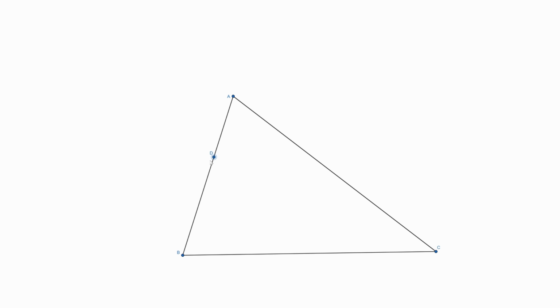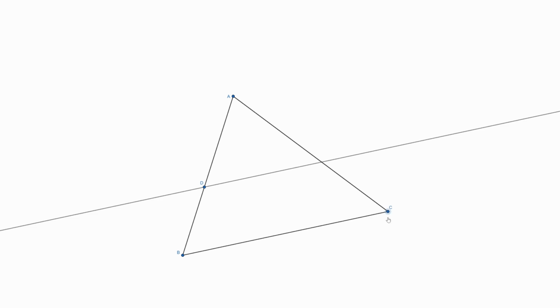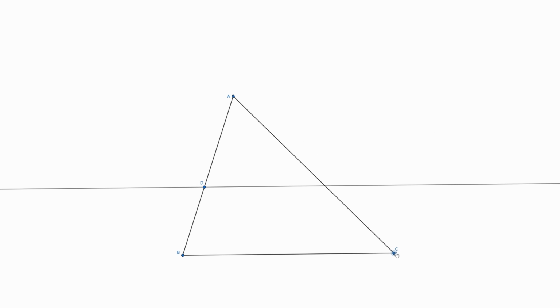And through this point D, now I'm going to draw a line which is going to be parallel to segment BC. Here it is. Now this line is parallel to segment BC. No matter where I move point D, this line is always parallel.